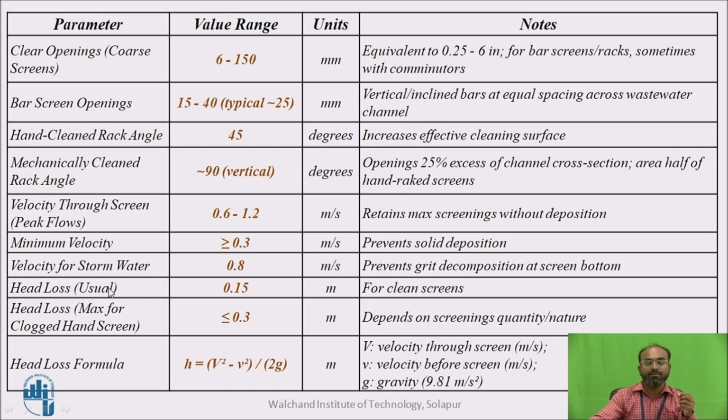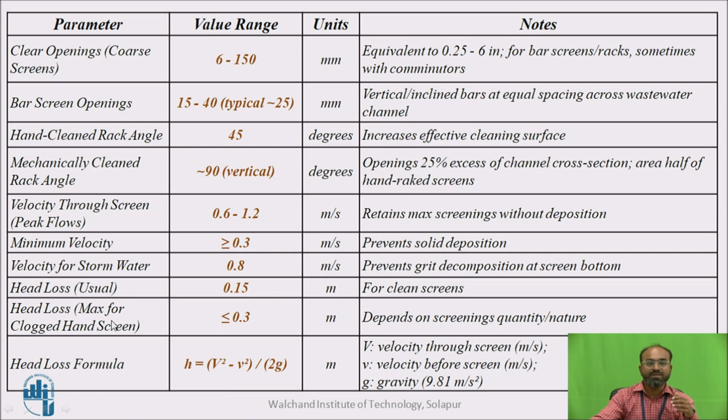Then the velocity of the incoming wastewater, or stormwater, before the screens is generally taken as 0.8 meter per second. Then what should be the head loss? Generally head loss is considered to be 0.15 meter, but that is for clean screens.